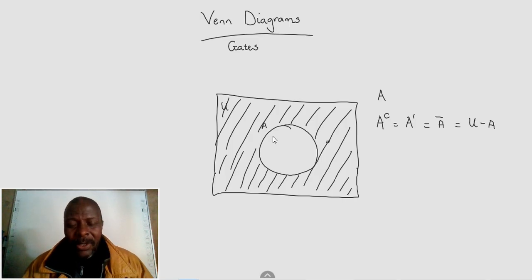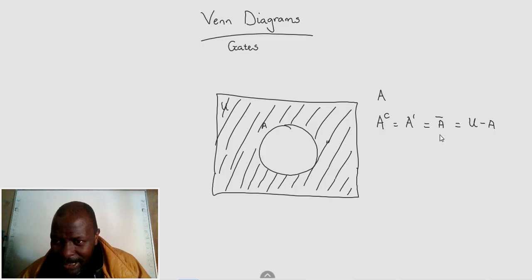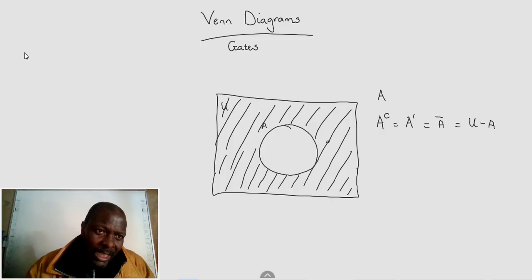Now let me treat a different scenario. We have said we have a set A, and we have a set not A. What are we seeing there? We are seeing that our first gate, the NOT gate, has literally been the complement, the complement of a specific set.